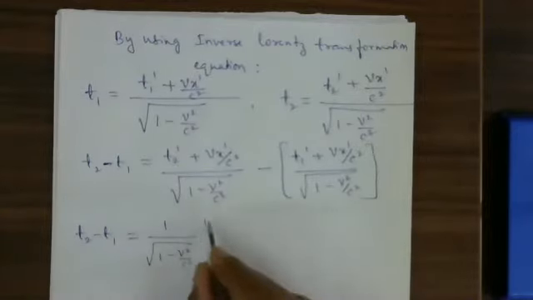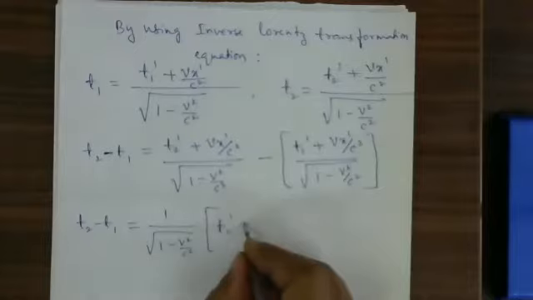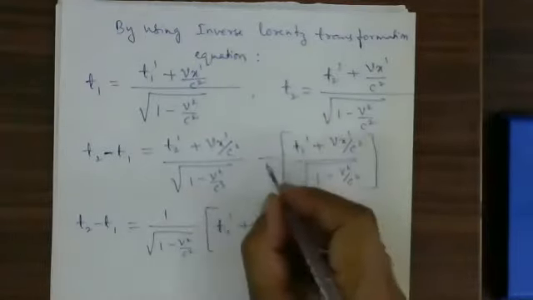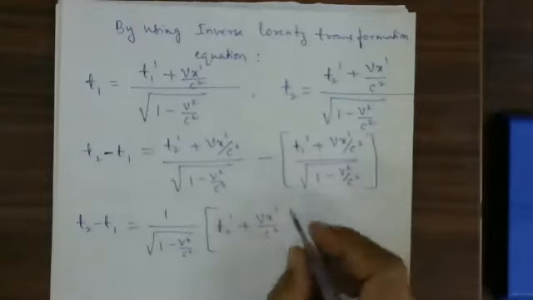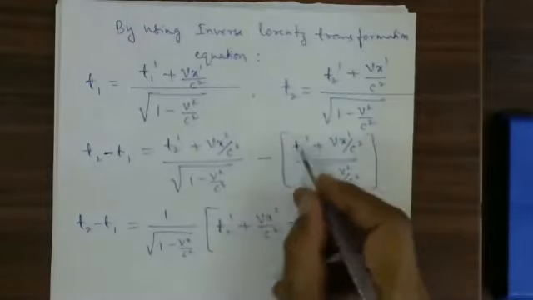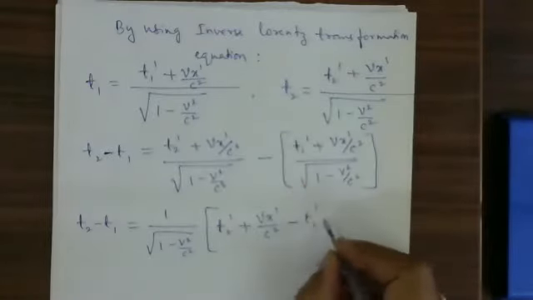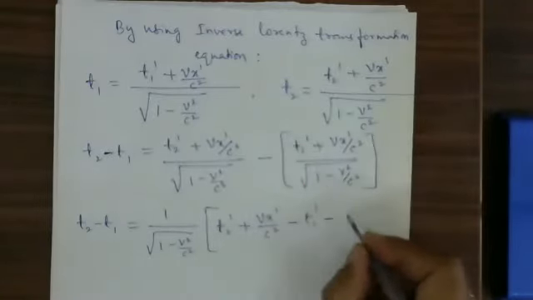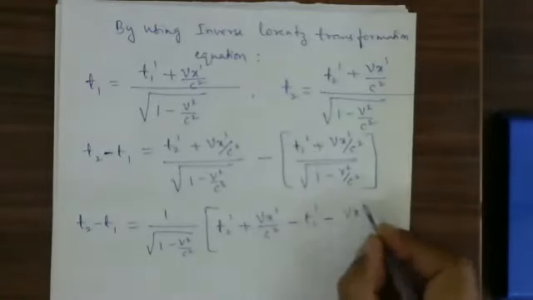The remaining thing is T2 dash plus Vx dash divided by C square, minus T1 dash minus Vx dash divided by C square.